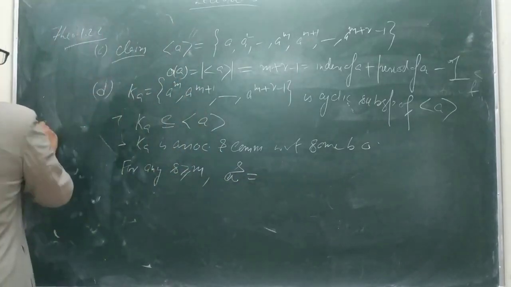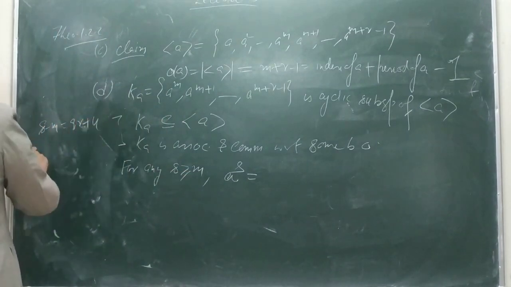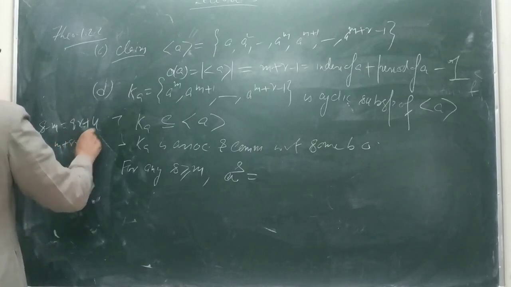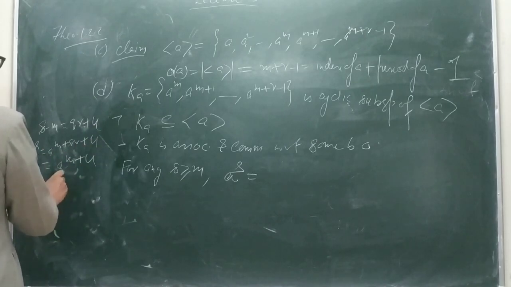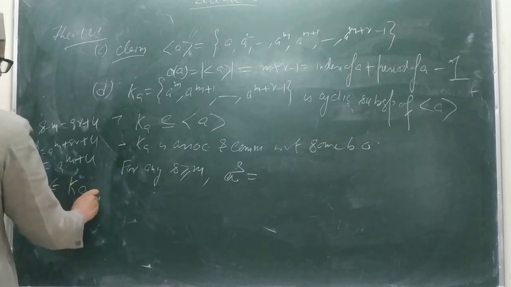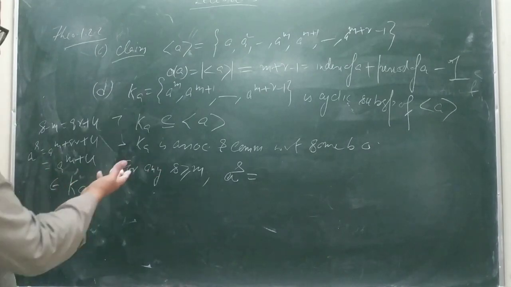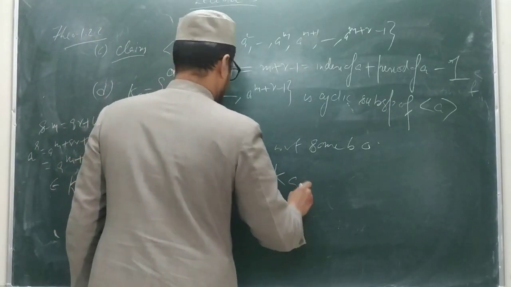When we applied the division algorithm, s minus m is equal to qr plus u, then a to the power s is equal to a to the power m plus qr plus u. So it is a to the power m plus u. It means it goes in K. We have already seen that for any s greater than or equal to m, a to the power s goes in K_A.